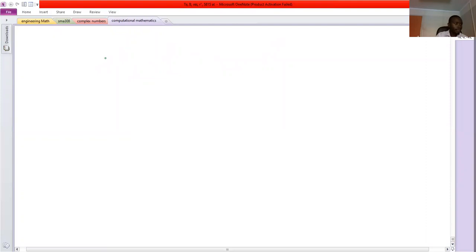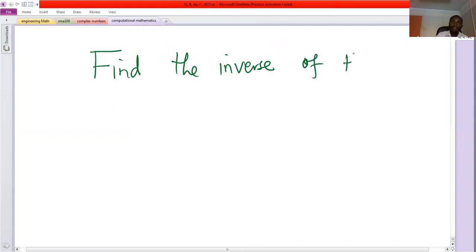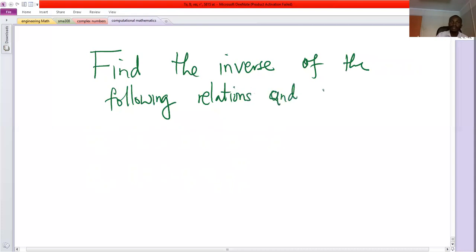Number 2: find the inverse of the following relations and find their domain and range.